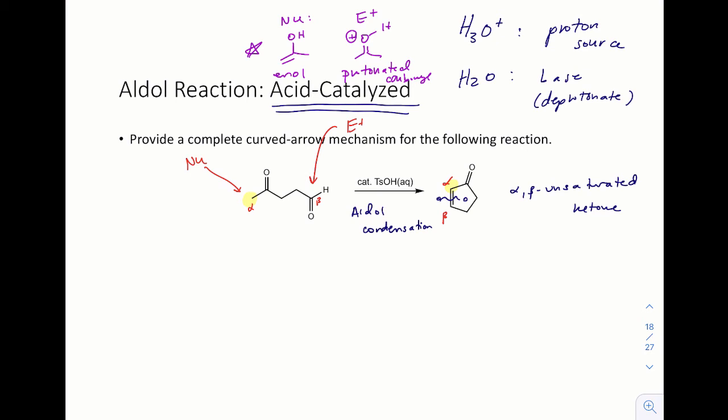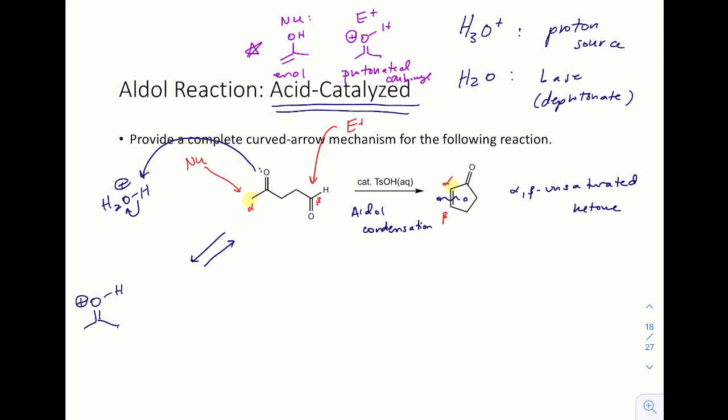We will first generate the enol. The acid in solution is hydronium. Any tosic acid or whatever the initial acid source was has long dissociated to generate hydronium. Now we can recall the mechanism for keto-enol tautomerization. That is what I am employing here.